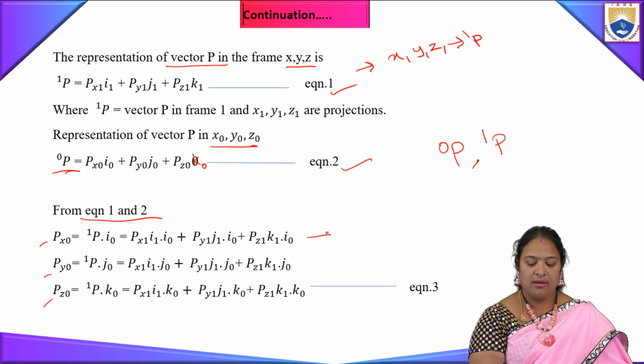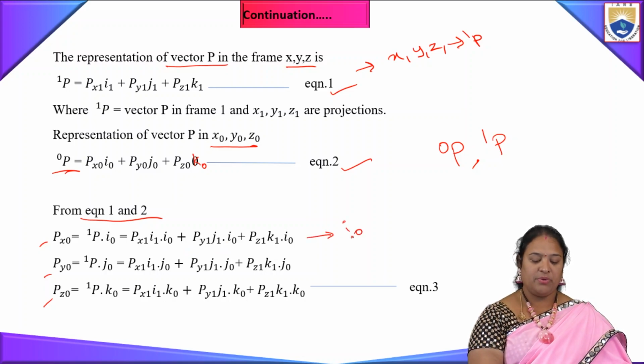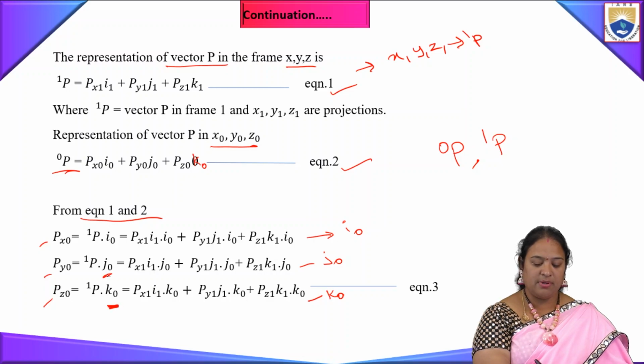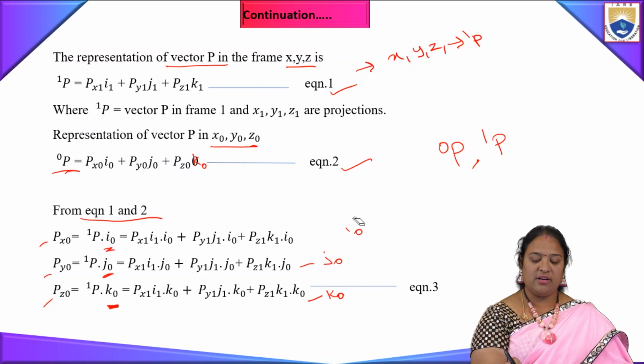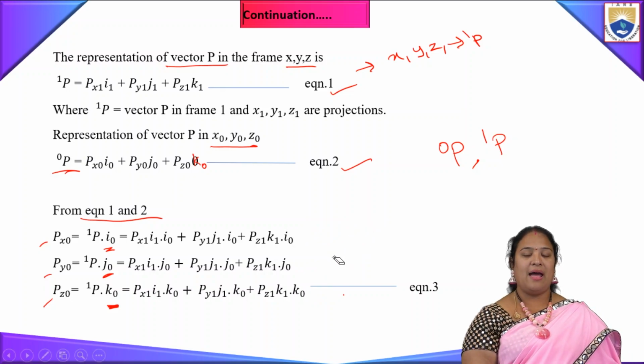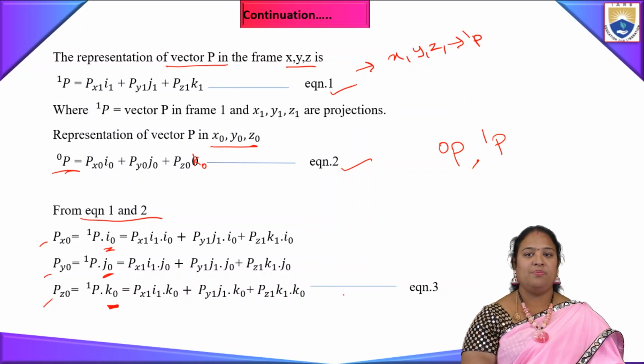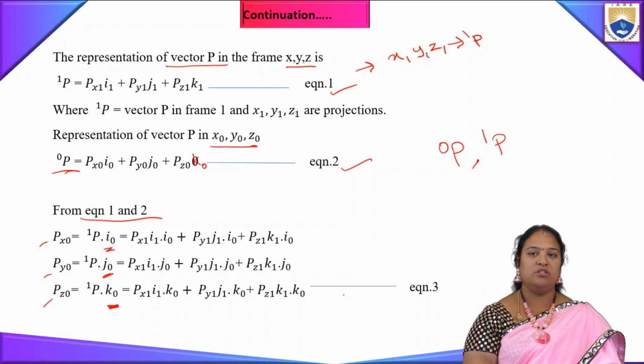Here i0 is common, here j0 is common and here k0 is common. With respect to the common unit vectors i0, j0 and k0, we are multiplying the projections.